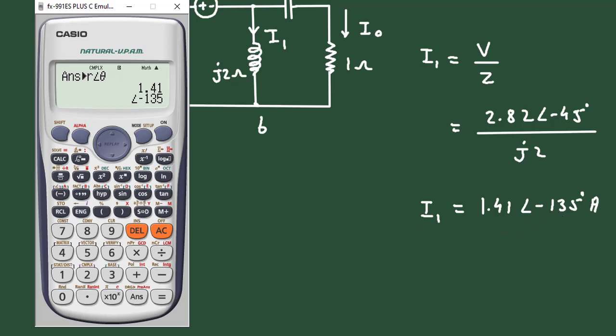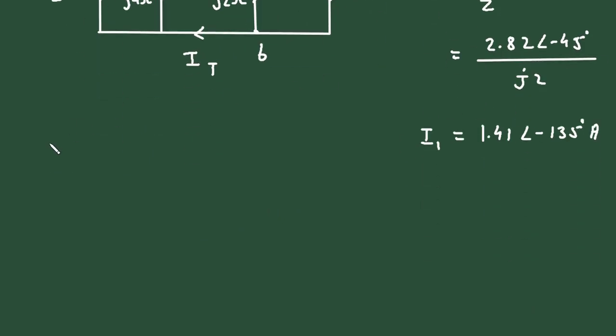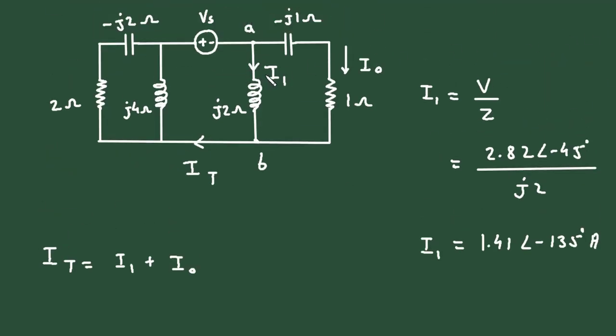Now we got the value of this I0 and I1. So we can find the total current. Let's say total current is IT. IT will be equal to I1 plus I0. Addition of this I1 and I0 is equal to IT. This is according to Kirchhoff's current law, KCL.